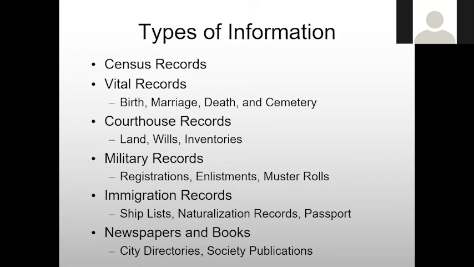Newspapers and books. These are valuable resources for family history as well. Births, marriages, funerals, and deaths used to be recorded in newspapers. Now that advertising space costs so much, we don't find the births recorded quite as frequently.